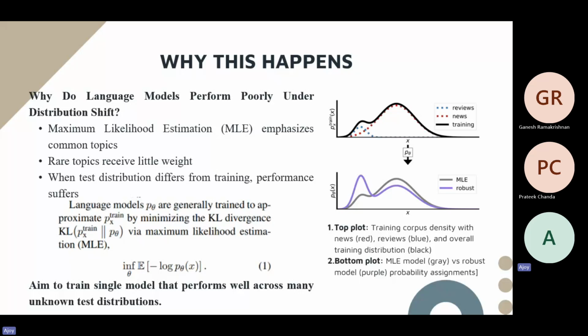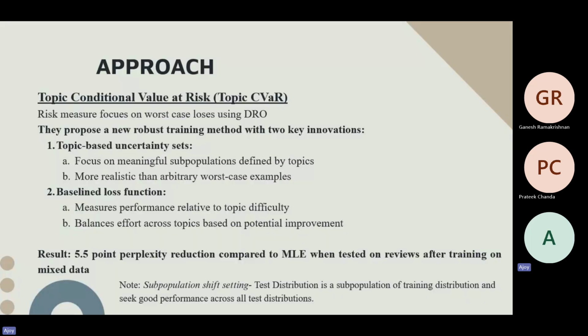So over here it will look at news. So then for this, the approach that we have is topic CVAR, where the two main things that are changing are we have topic based sets, and we are also using baseline loss function instead of the ideal loss function. Okay, and this saw 5.5 perplexity reduction as compared to MLE.